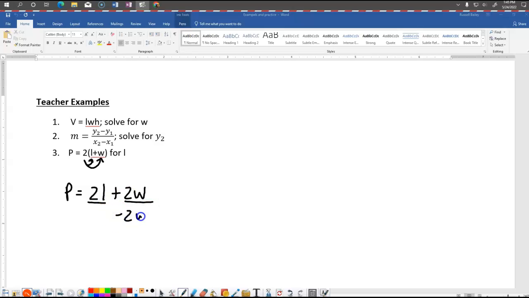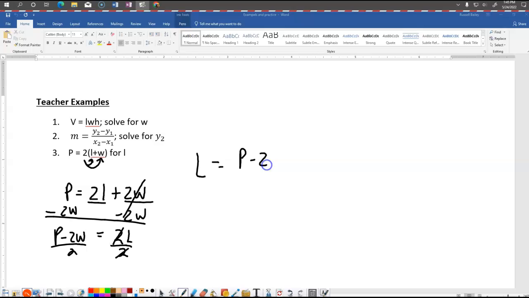And typically, whenever the decision's between addition, subtraction, and multiplication or division, you're going to do the addition or subtraction first. So I'm going to start by subtracting 2W on both sides, and then I'm going to get the L by itself finally by division here. So there you have it. L equals P minus 2W over 2.